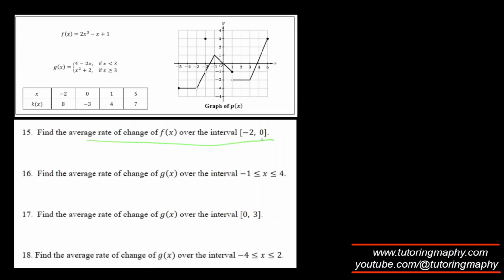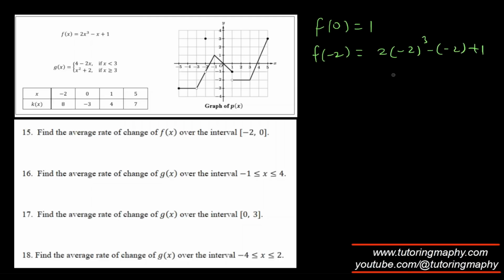What is the AROC of f(x) on negative 2 to 0? Isn't that the same thing? f of 0 is the easiest to find, it's just 1. And f of negative 2 will be 2 times negative 2 cubed minus negative 2 plus 1. So that will be negative 16 plus 2 plus 1, which is negative 13.